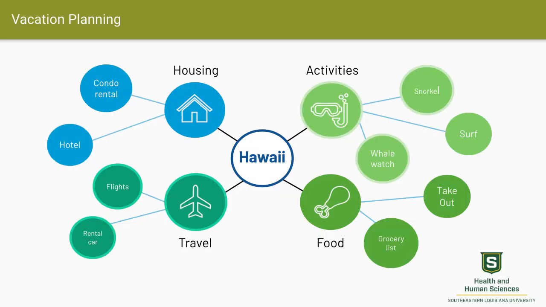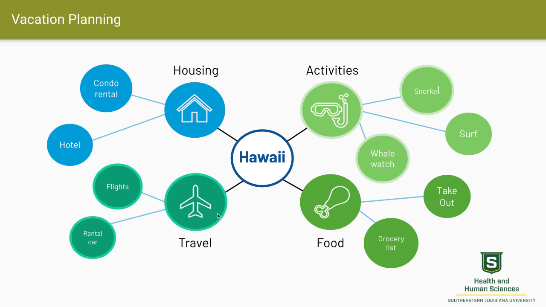This is an example of someone making a presentation about vacation planning. From this graph, you can see they've separated the things they're going to do on the vacation. Anything related to housing, they've used the blue color to communicate that if it's blue, it's housing.